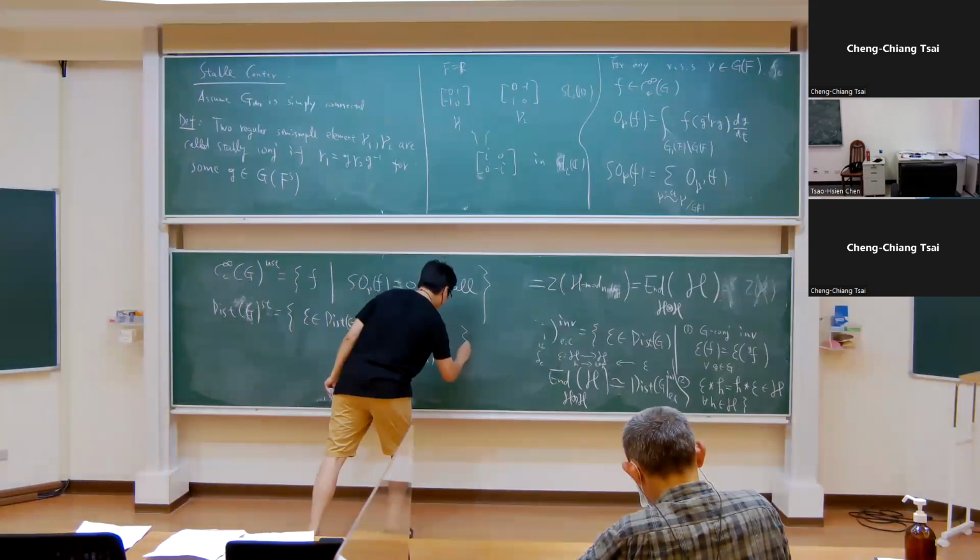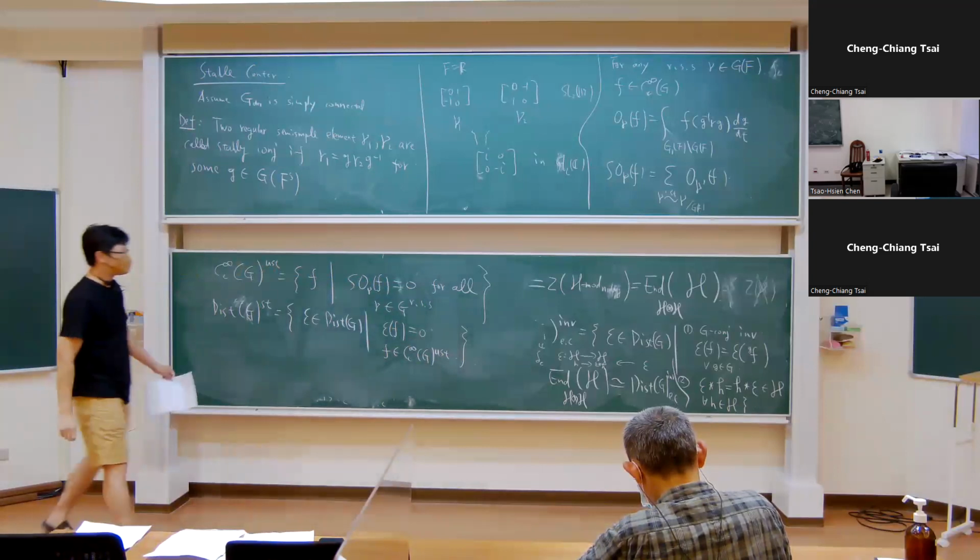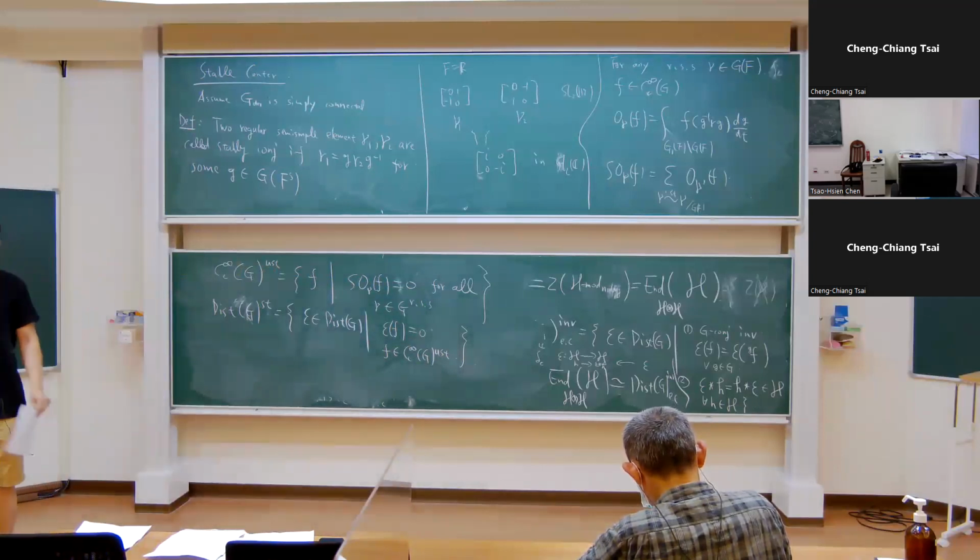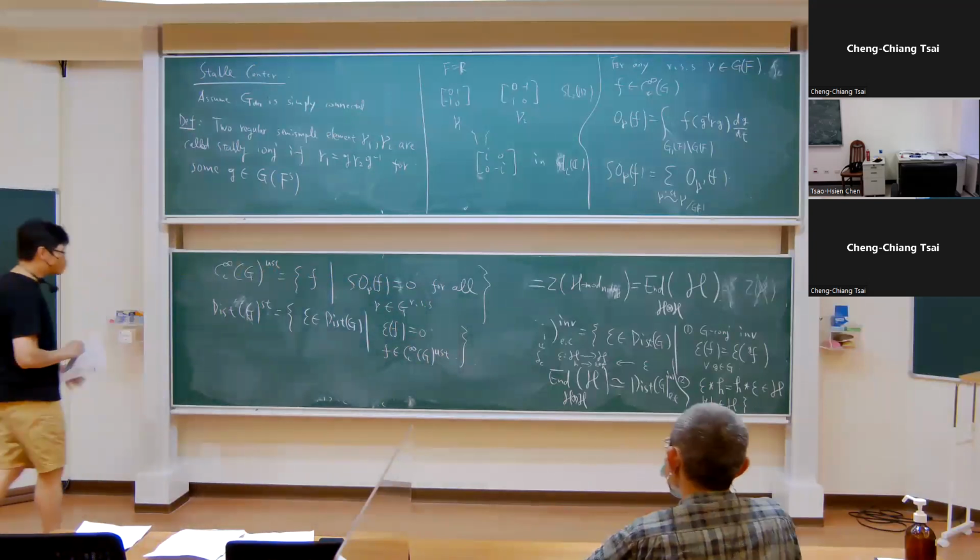So it's a certain subspace, and it's called the space of stable distributions.